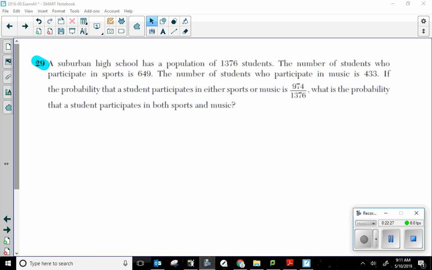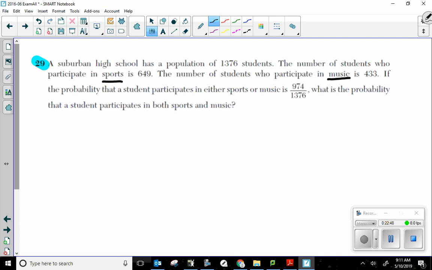All right, when we did our last unit, I said independence shows its ugly head, and it did already once in a multiple choice question in here. But I also said some other things you're going to have to know are given, and you're going to have to know this other equation with or. We have a probability of sports, and we have music.